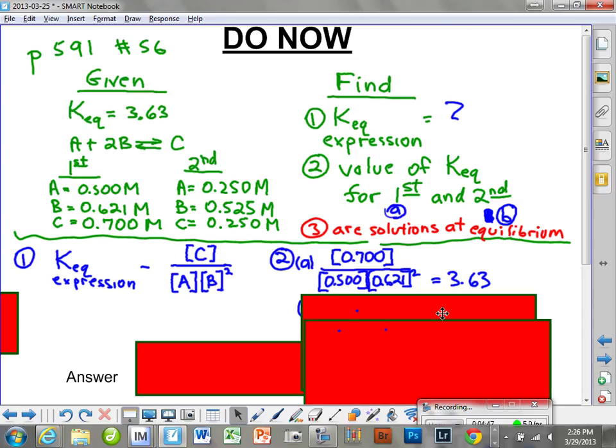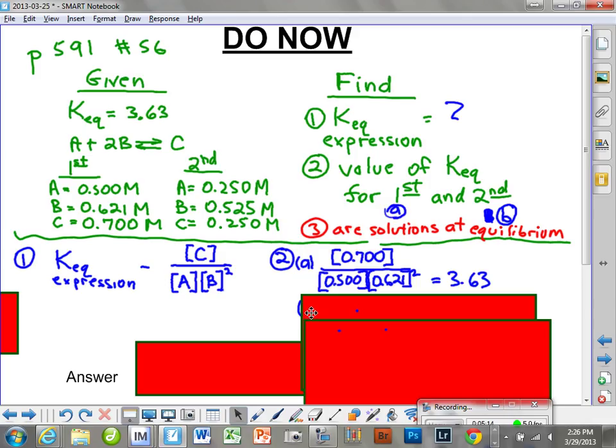Isn't that interesting? That's how this set of numbers relates to the K of equilibrium. So what do you think? Are these at equilibrium? Yes, they are. We know they're at equilibrium because this number and this number are equal. Am I making sense? I hope.